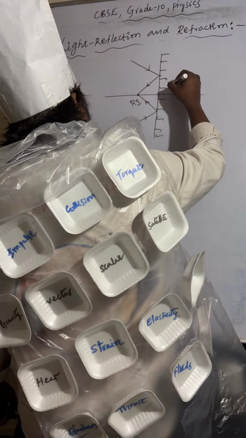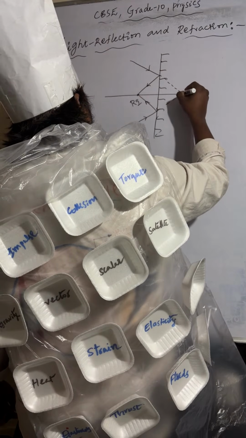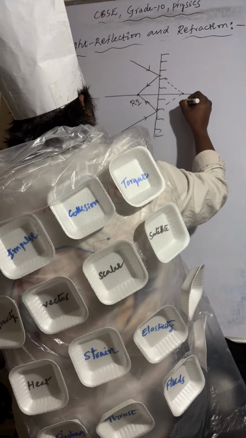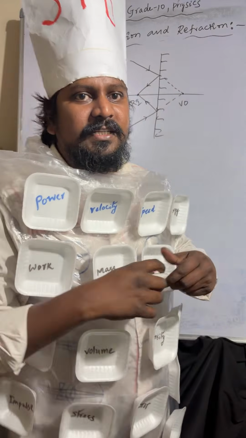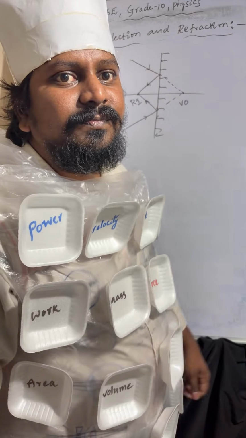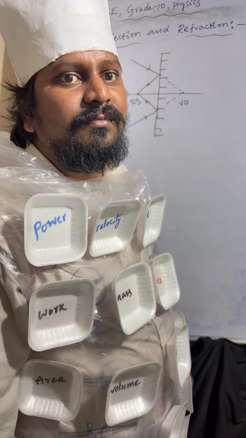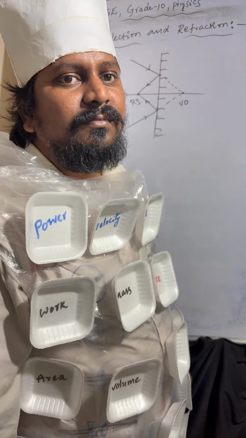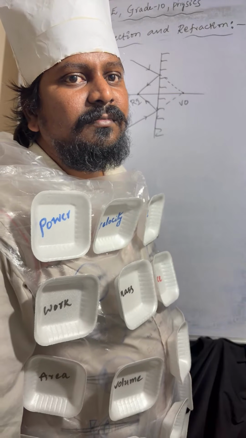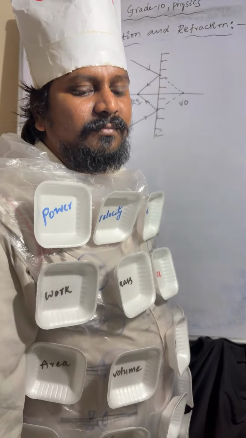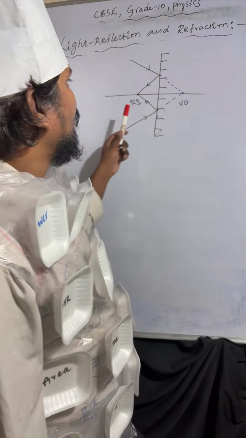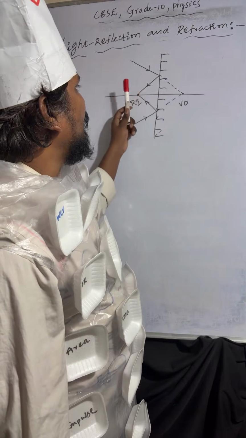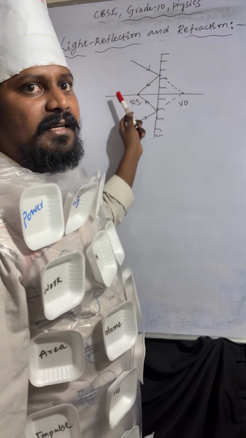If you are extending the incident light rays, these are incident light rays, that is a virtual object. Here you can observe the point of intersection of reflected light rays.